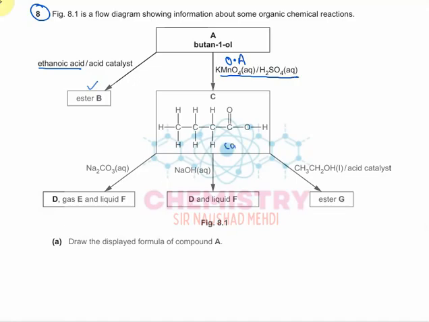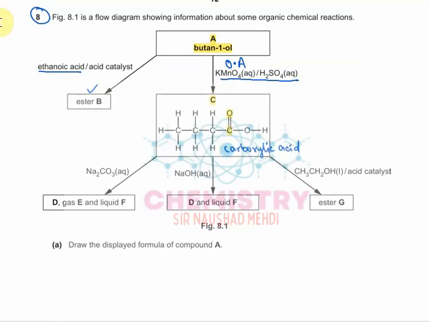So as you can see, the part C is your carboxylic acid, and you can easily identify it by looking at this part, which is COOH. This COOH part identifies that this is your carboxylic acid.